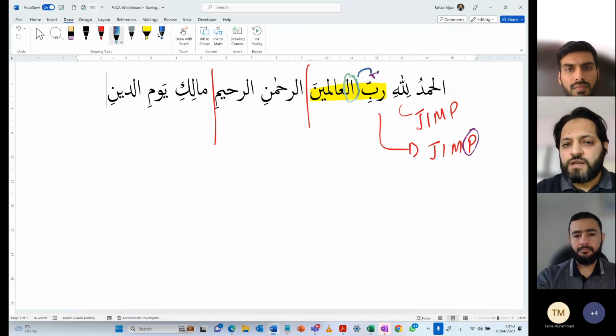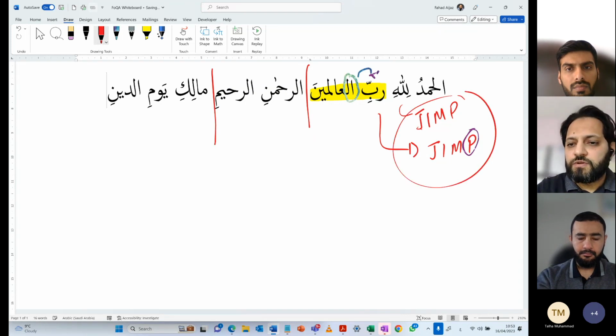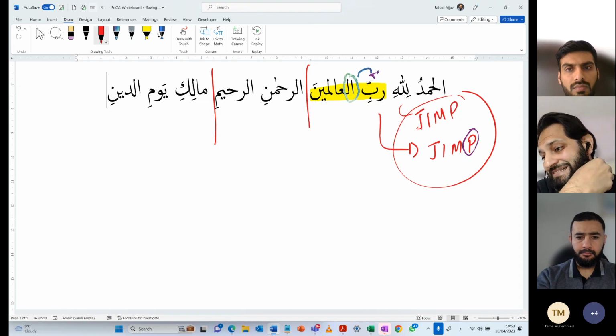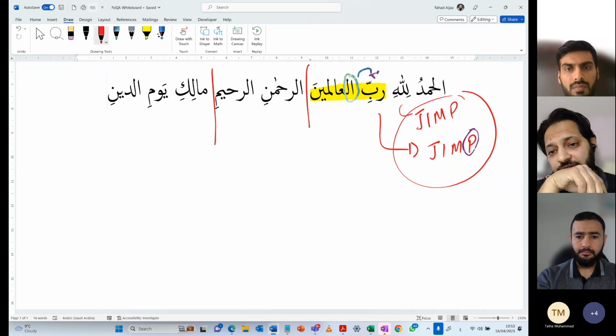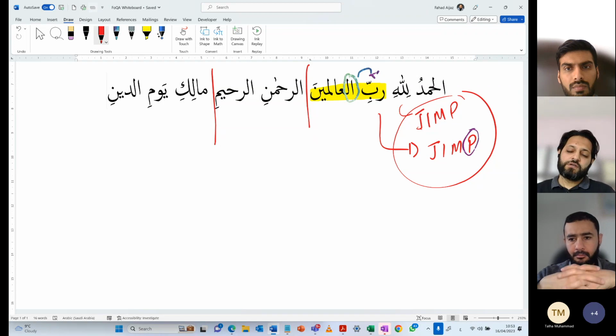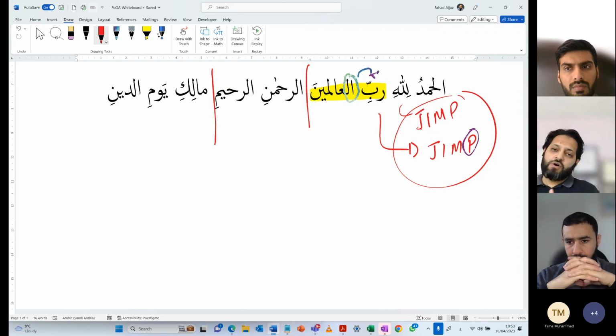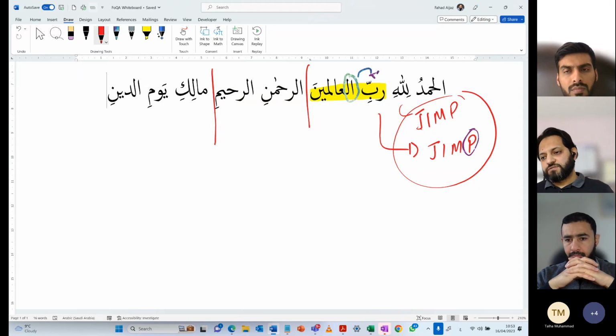Excellent. Now, what's happening here? Do they match? The four properties match, right? Lillahi and Rabbi. So what you're saying is, Alhamdulillah, all praise and gratitude belongs to Allah, the master of the worlds. Now, Rabbil Alameen is a sifah of the word Allah.